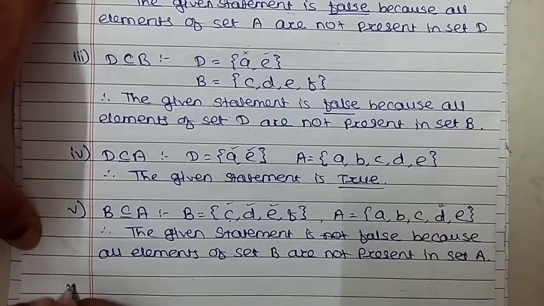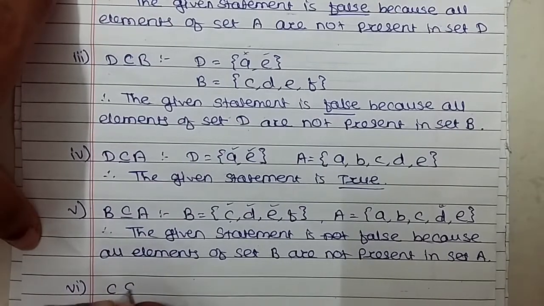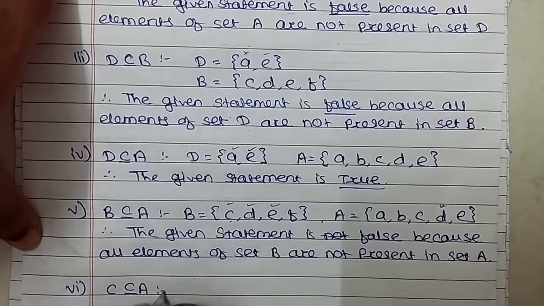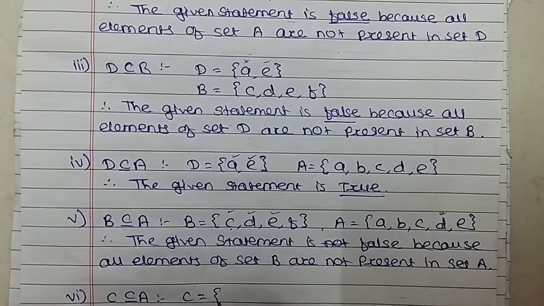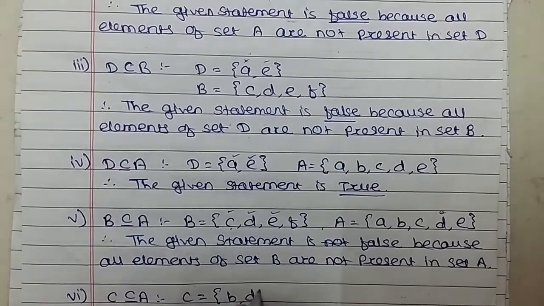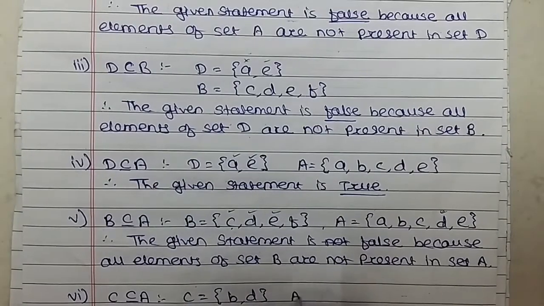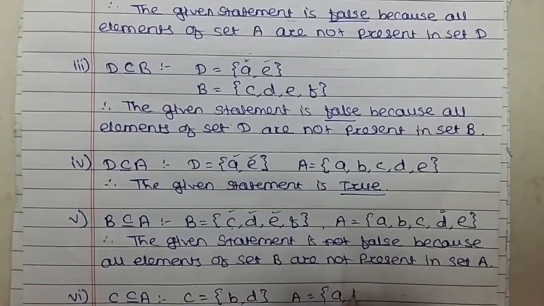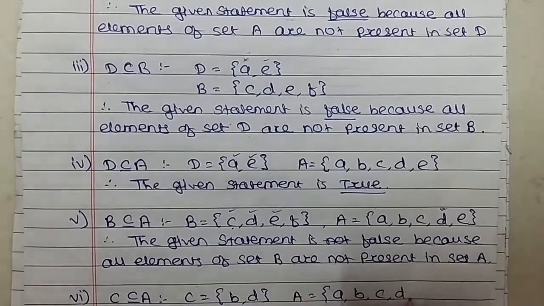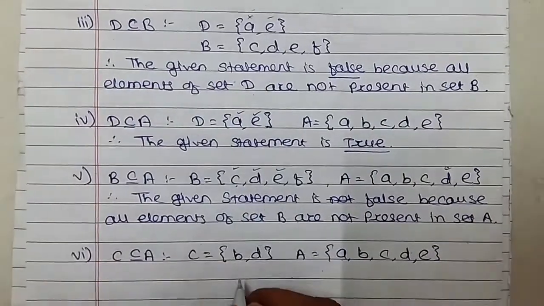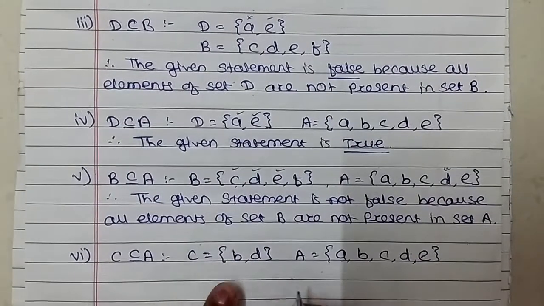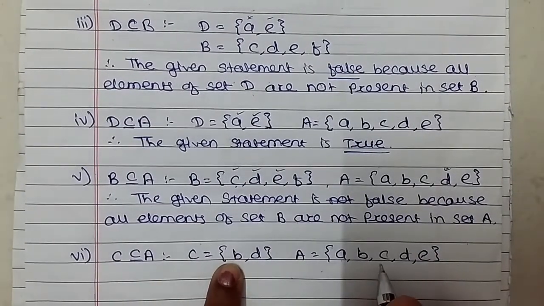Then the last one, the sixth one: is C a subset of A or not? We want to check this one. So write down the C set, that is B and D. Then the elements of A, that is A, B, C, D and E. So check whether the elements of C are present in set A or not.